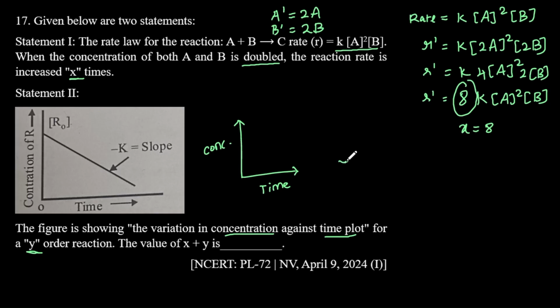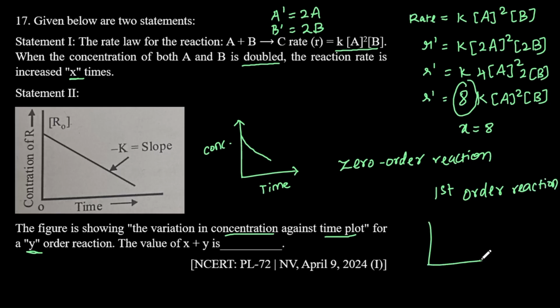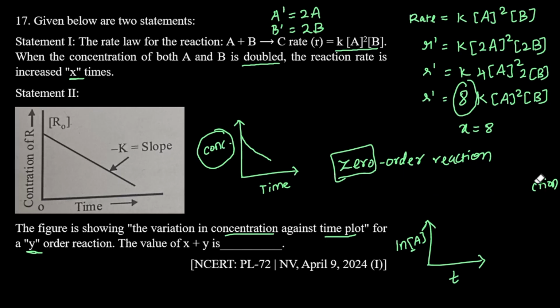So only for a zero order reaction, we have the plot of concentration versus time with the negative slope. And for a first order reaction, the plot is between ln of concentration of the reactant versus time. But here we are having only the concentration, so the order of the reaction is zero order reaction and it is not first order reaction.